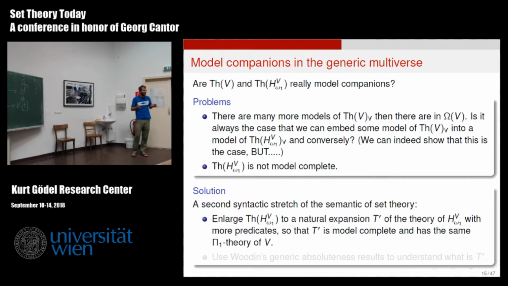Otherwise, we were just talking about nonsense. This time, we are doing the trick that, given a theory T, allows us to enlarge to a theory T prime which is model complete. So it is just to evaluate how much of a trick we are doing. Is it a good trick, or are we doing something unnatural?